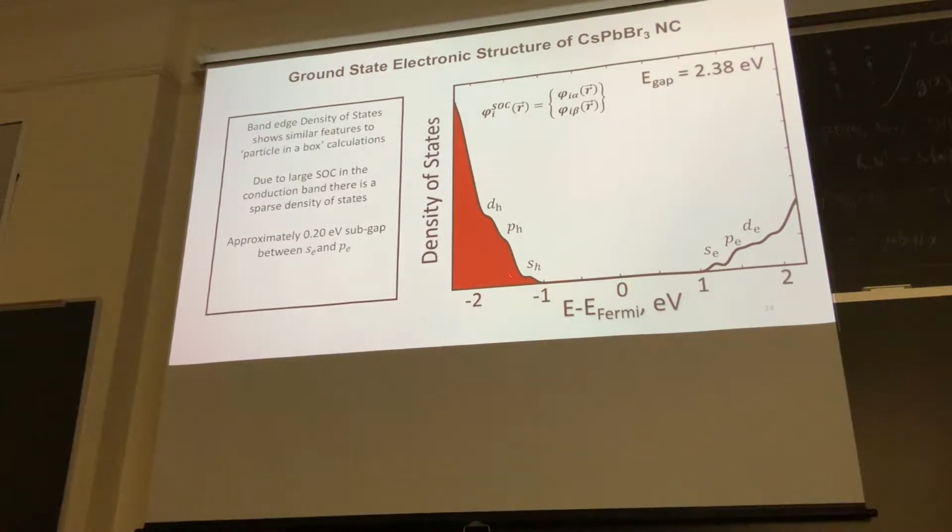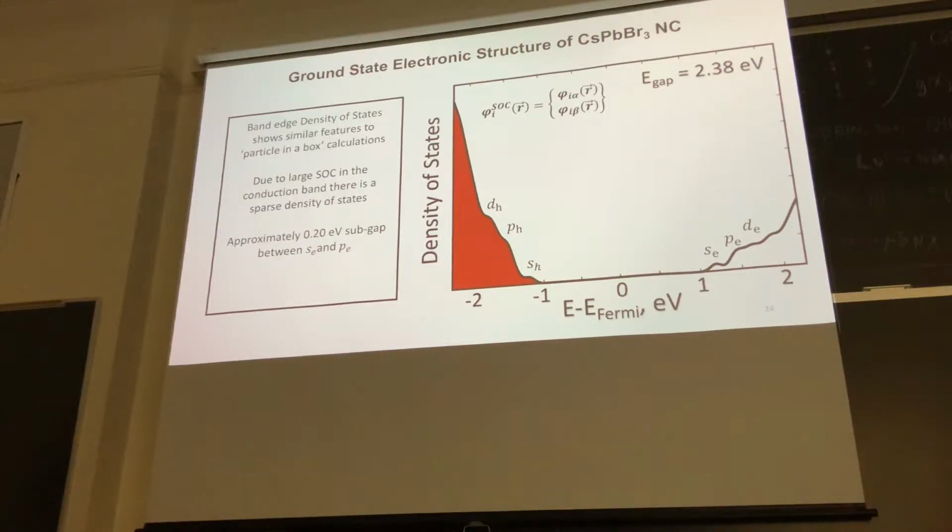That's what the labels correspond to: S, P, and H for the hole, and vice versa for the electron. For the rest of the presentation, the important thing to notice is that the conduction band has a very sparse, very low density of states near the band edge. That's due to a very strong spin-orbit coupling.